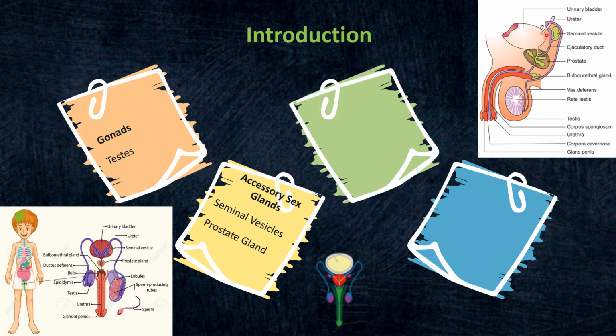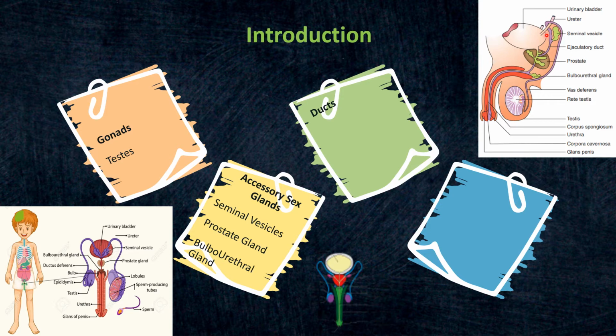Prostate gland: it is the largest accessory gland of the male reproductive system. Bulbourethral gland or Cowper's gland: there are two pea-sized glands. They produce a mucus-like secretion that enters the penile urethra during intercourse.